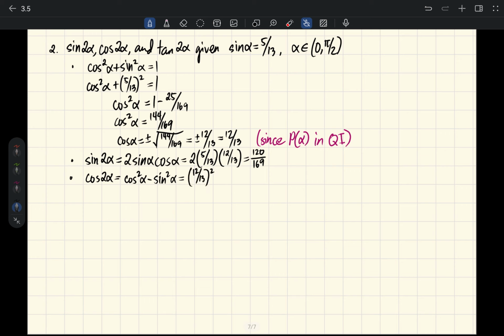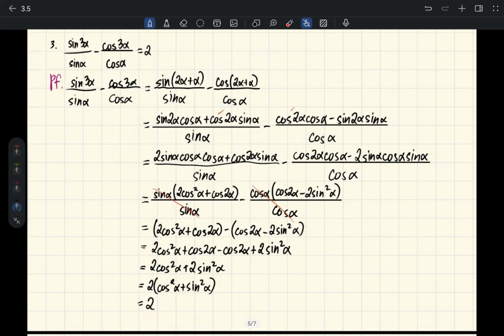So we have, squaring this, we have 144 over 169 minus 25 over 169. This gives us 119 over 169.